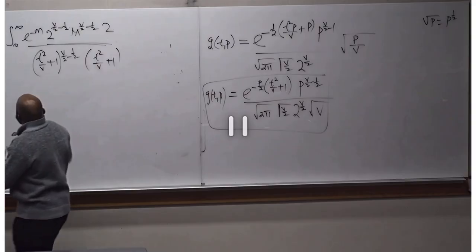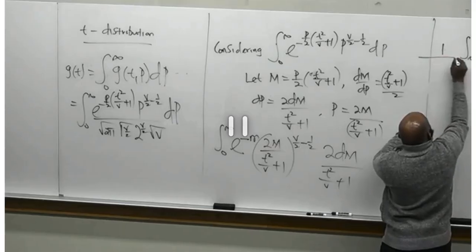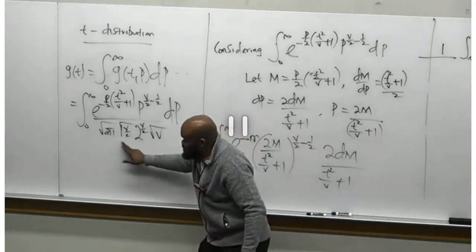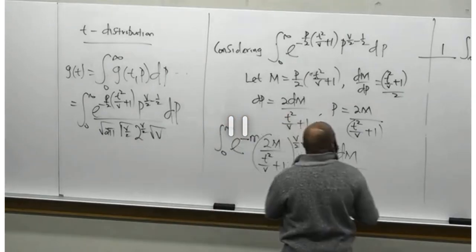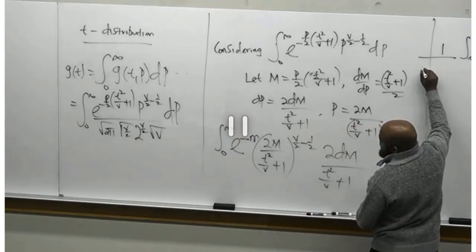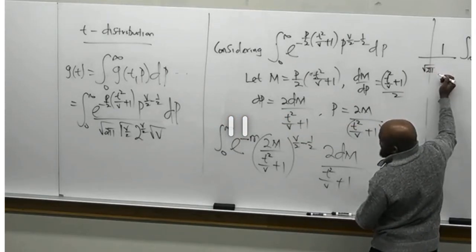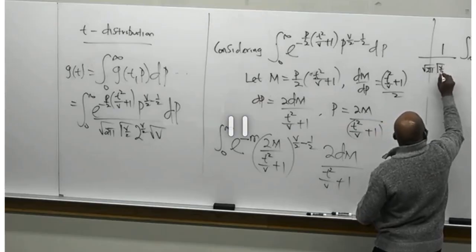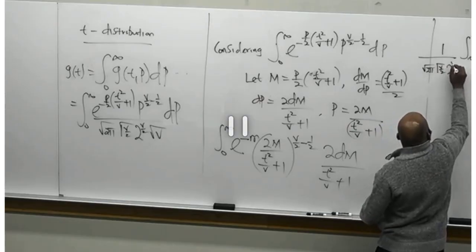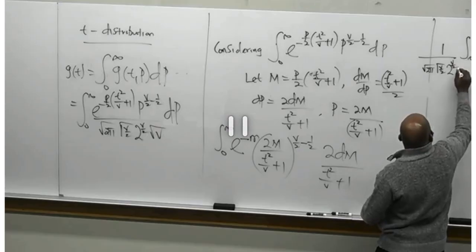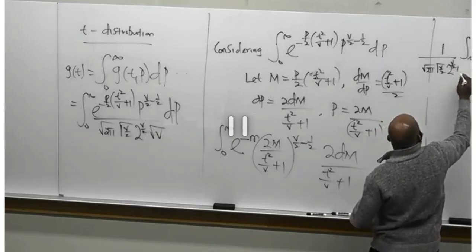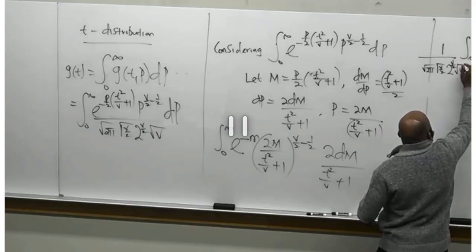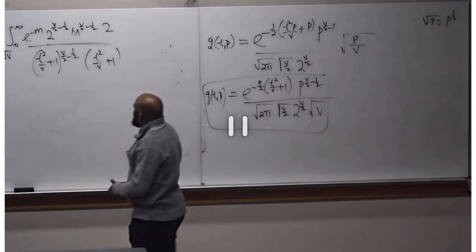Now, outside here, let me put 1 divided by the term that I omitted the other time: square root of 2 pi, gamma V over 2, 2 raised to the power V over 2, square root of V. Now this is what I have right now.